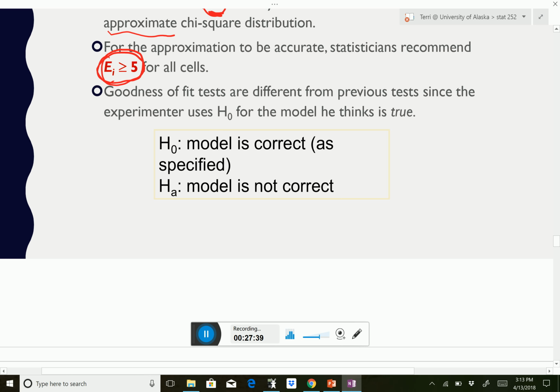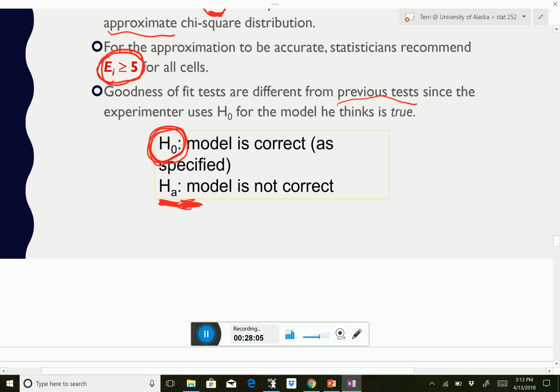And the other thing is, we do this a little bit differently than other tests. A lot of times when we're doing hypothesis tests, we're trying to prove that the alternative is true. Here, we're still trying to see if we have enough evidence to prove the alternative, but we're really trying to see if we have enough evidence to say our model is wrong.